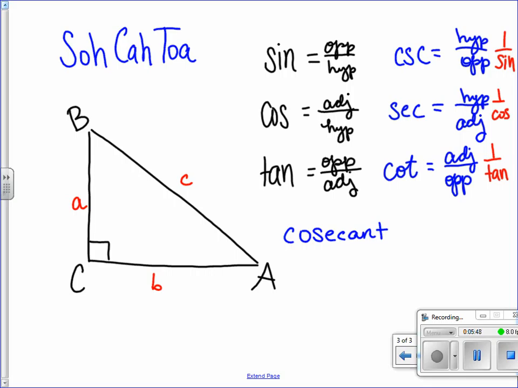Sine is 1 over cosecant. And those of you going on to calculus, it's just absolutely invaluable. You've got to be able to have these completely ingrained in your head.